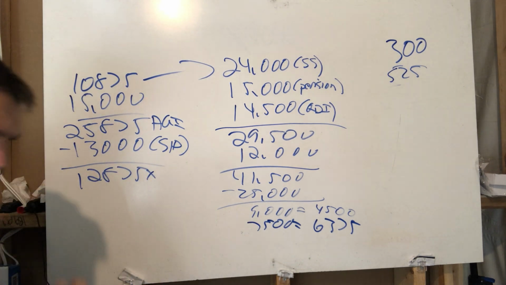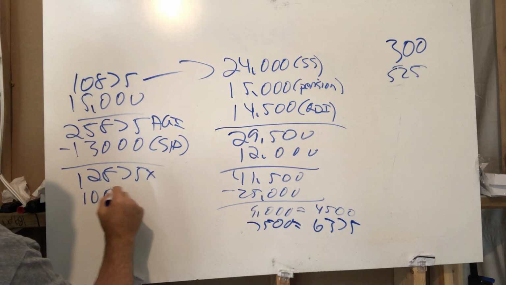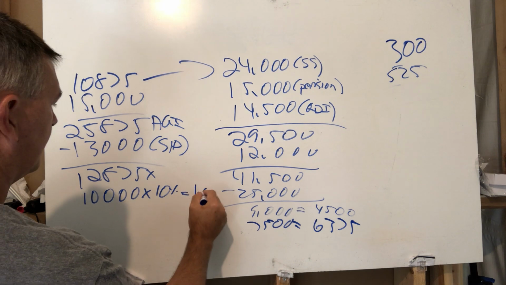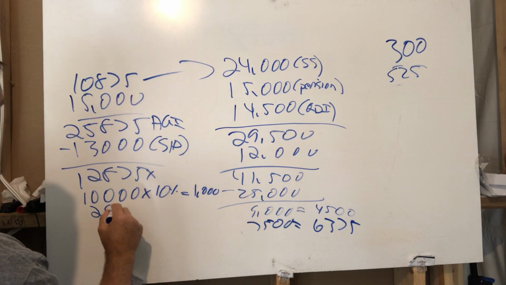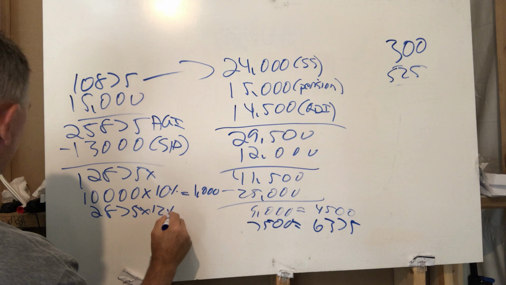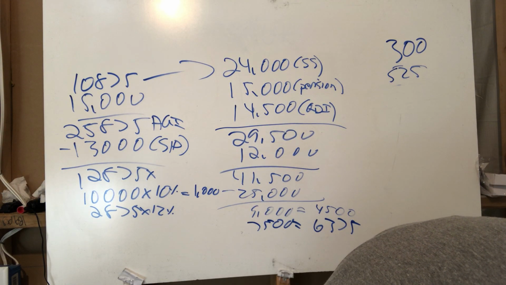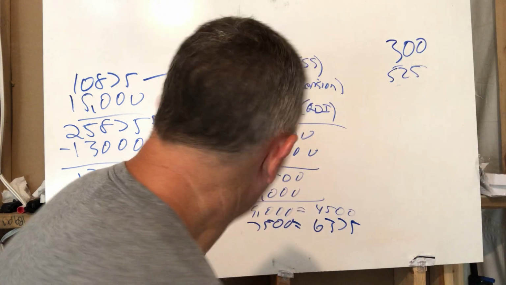The first $10,000 is at 10%. That's $1,000 in taxes, and then 2,875 times 0.12 is $345.